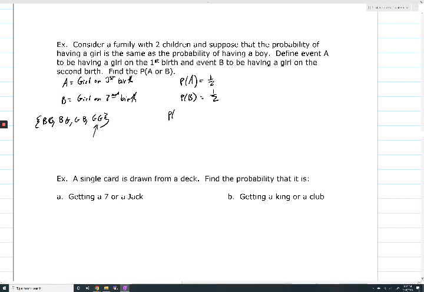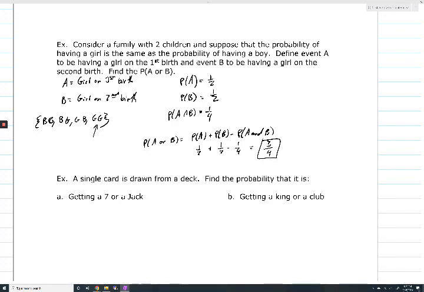So that means the probability of A and B is 1/4. So now if I want to find the probability of A or B, probability of A plus the probability of B minus the probability of A and B, 1/2 plus 1/2 minus 1/4. So the probability of having a girl on the first or the second birth, 3/4.